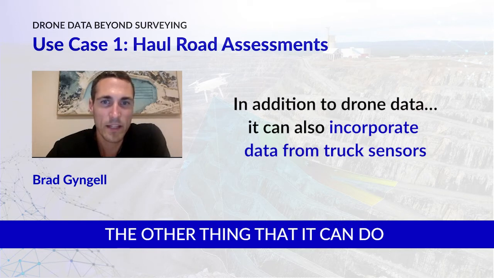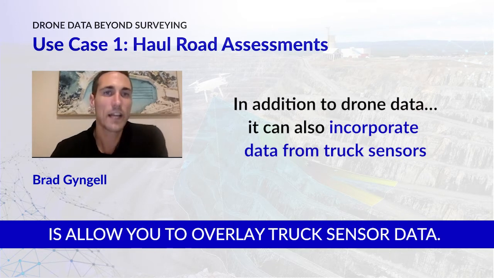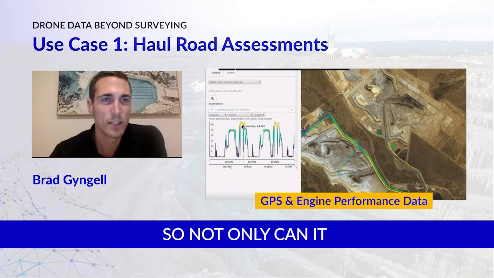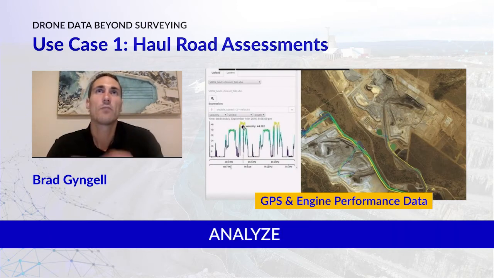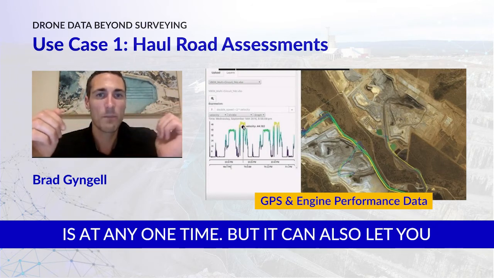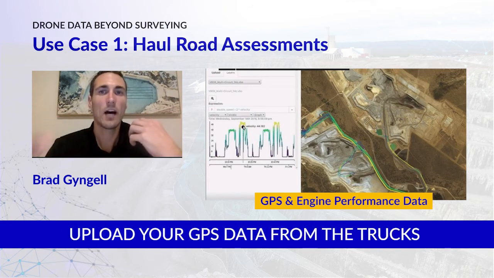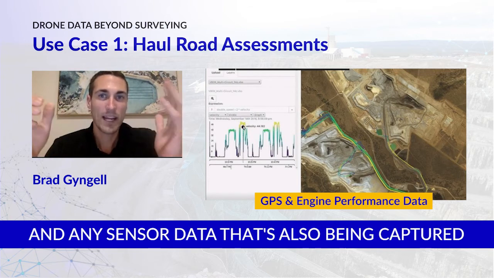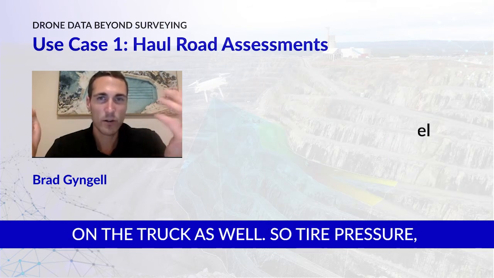The other thing that it can do is allow you to overlay truck sensor data. So not only can it analyze how the road is, what the condition of the road is at any one time, but it can also let you upload your GPS data from the trucks and any sensor data that's also being captured on the truck as well.